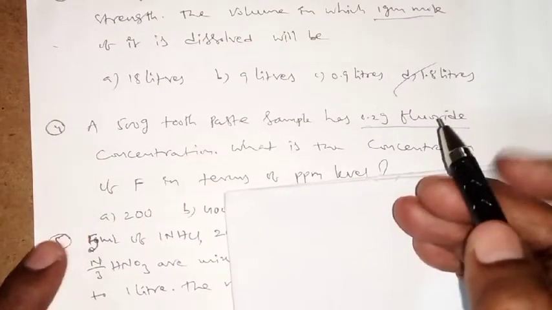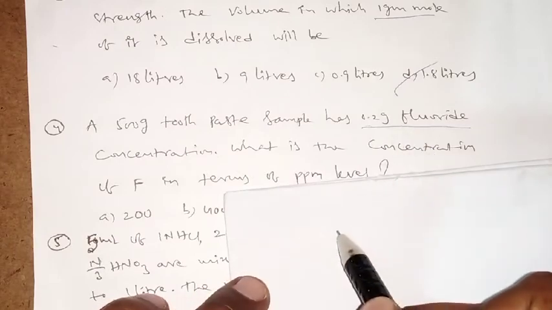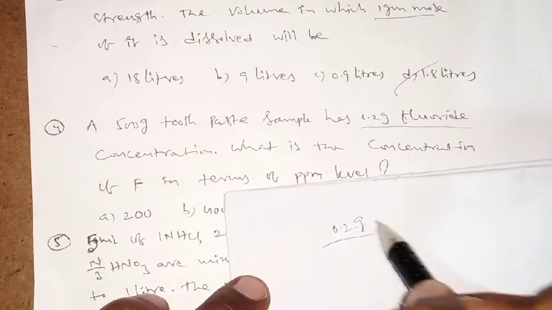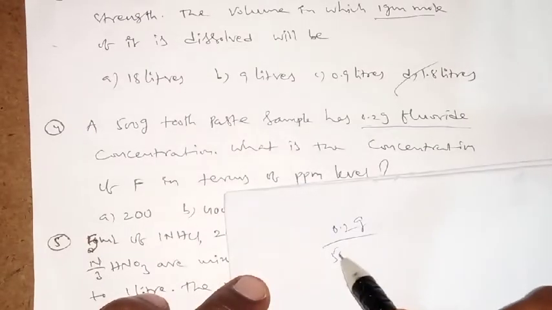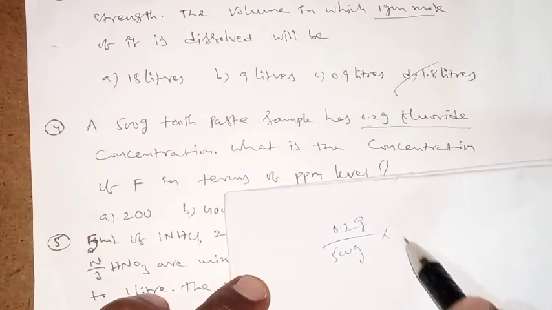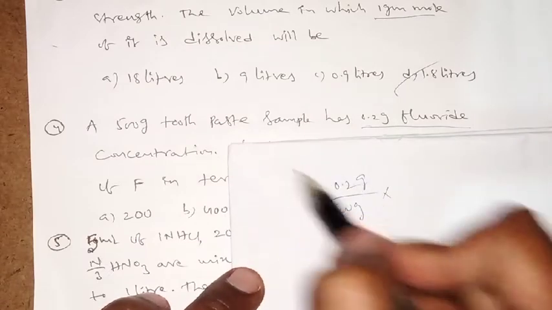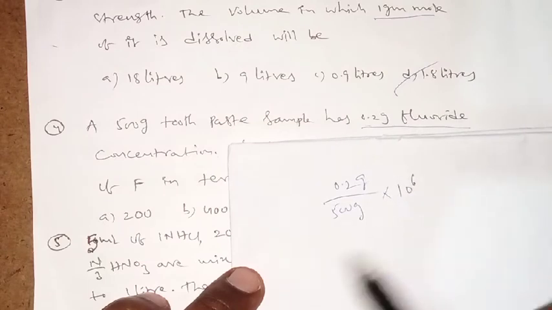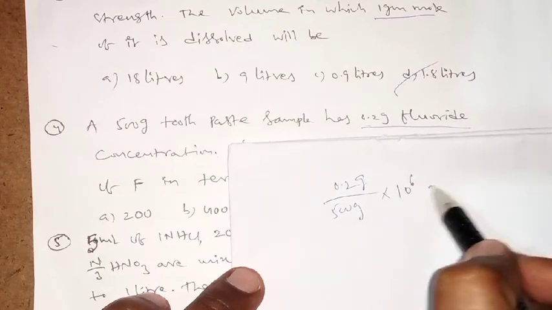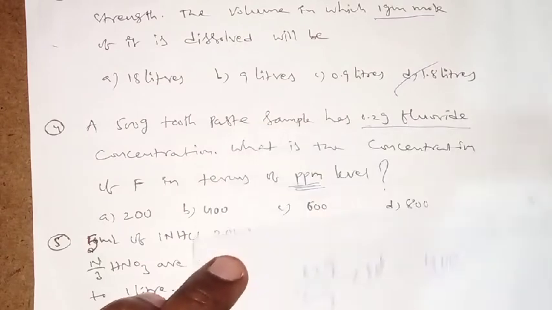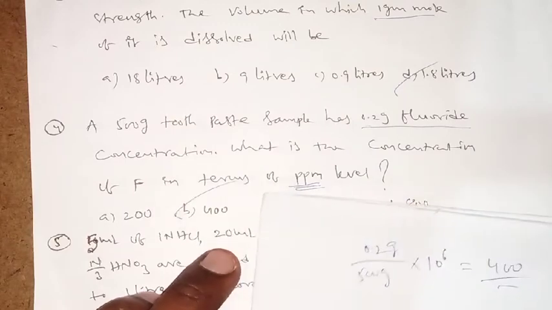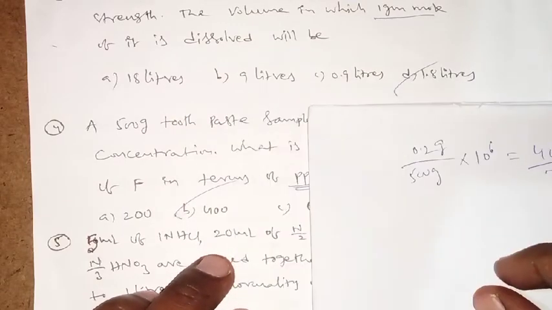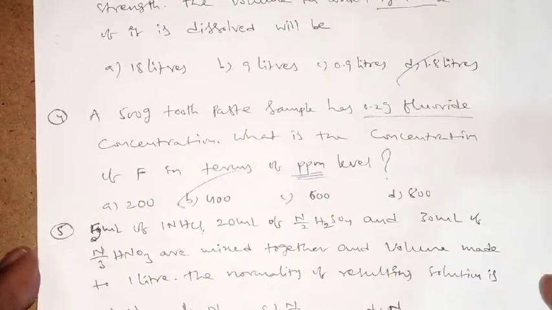How much fluoride is given? 0.2 grams. What is the total weight of the toothpaste? 500 grams. For percentage you multiply with 100, but they ask ppm, so multiply by 10 power 6. If you simplify, you'll get 400. So 400 ppm. Direct substitution. Is it clear? Right. Look at the next question.